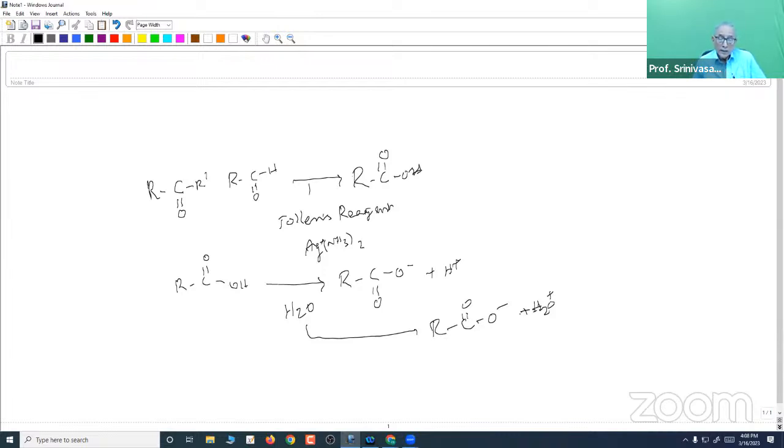These are much less acidic compared to the mineral acids like HCl, H2SO4, etc. Nevertheless, they are comparatively more acidic than compounds like alcohols and phenols, because the keto group is electron withdrawing and pushes the electron along the bonds and keeps this hydrogen delta plus, and oxygen delta minus.